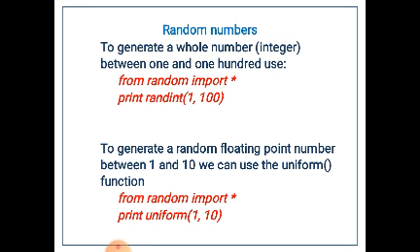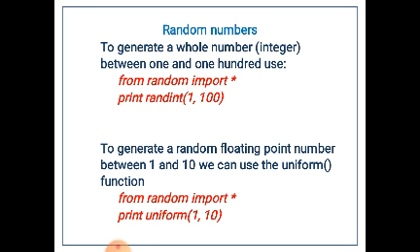So during the previous function random, we saw how to print numbers from 0 to 1. Here we saw how to print random integers from 1 to 100. And now we are going to print numbers using the uniform function for float numbers.